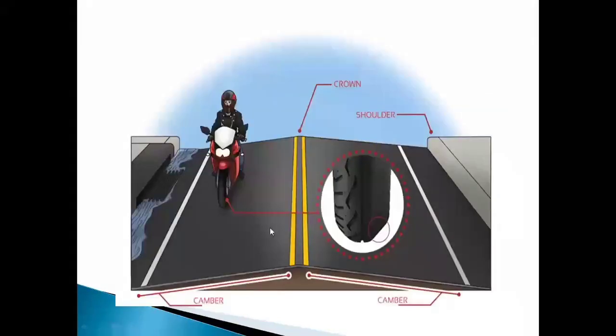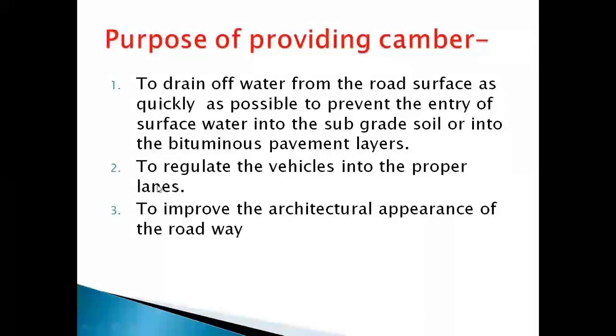Now see in this picture. When rain falls, the water on the road is quickly drained out due to this slope, and the water does not enter into the pavement or the subgrade material. Then second purpose is to regulate the vehicles into the proper lanes.